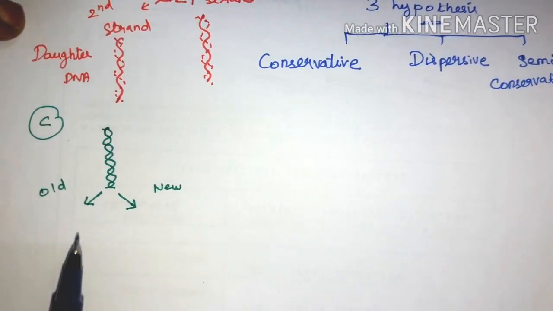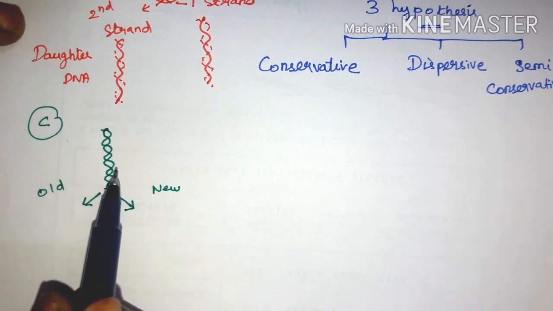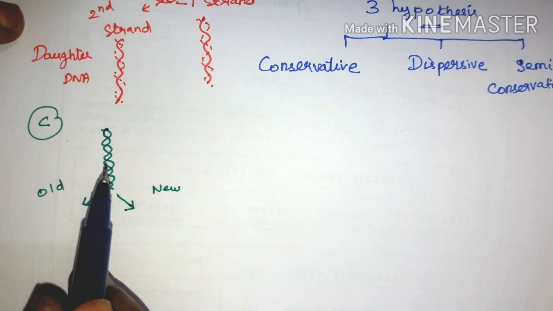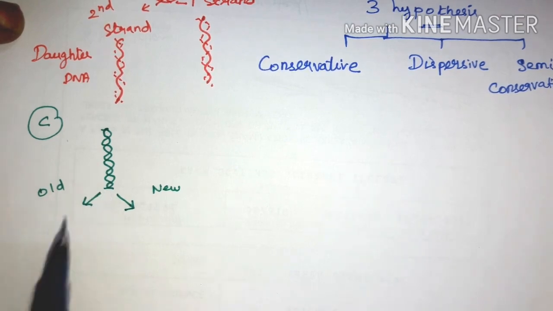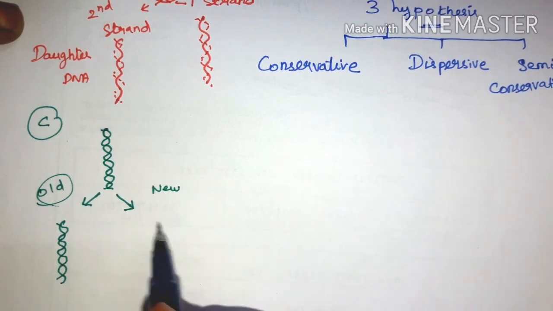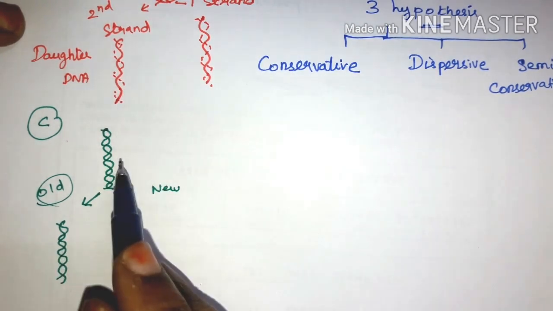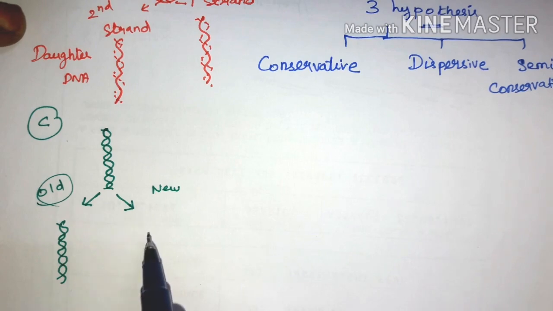In the old, the original characters, that is the template characters or the parental characters, have been preserved. It should be as it is. But in the new, some new characters arise, that may be from grandparents to the new offspring.